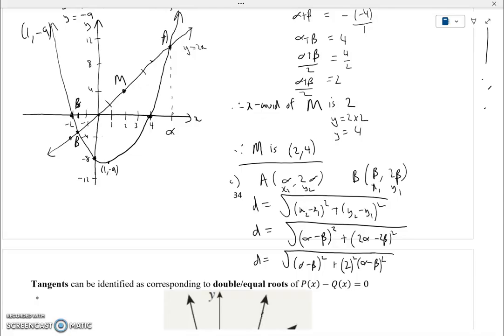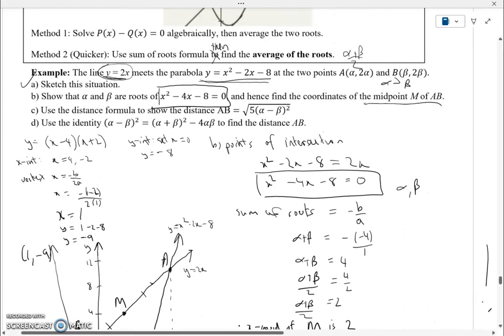I factored out the 2, but I've also got to remember that I've still got a square. So we get that d is equal to the square root of 5 times alpha minus beta all squared. So that's the distance between A and B. Alright, that's that one done.